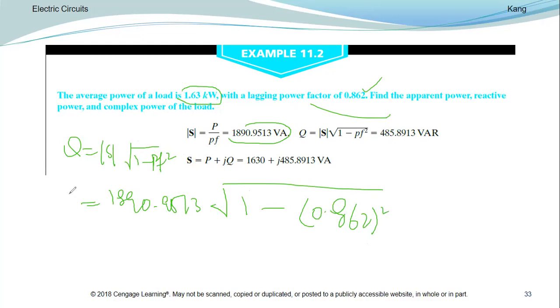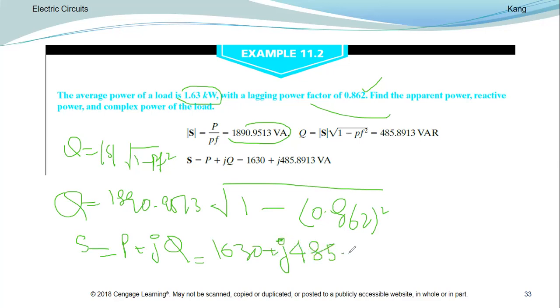Okay, so this is the value of Q. So S equals P plus J Q, so P equals 1630 plus J 485.8913 VAR. This is how we find the value for this problem 11.1.